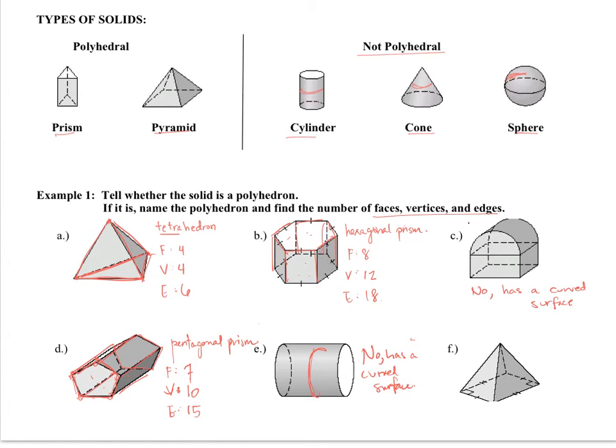And the last one is, let's see, the sides are not all equal, only the opposite sides are. So we call this a rectangular, remember, we name polyhedrons by looking at the base, rectangular pyramid.